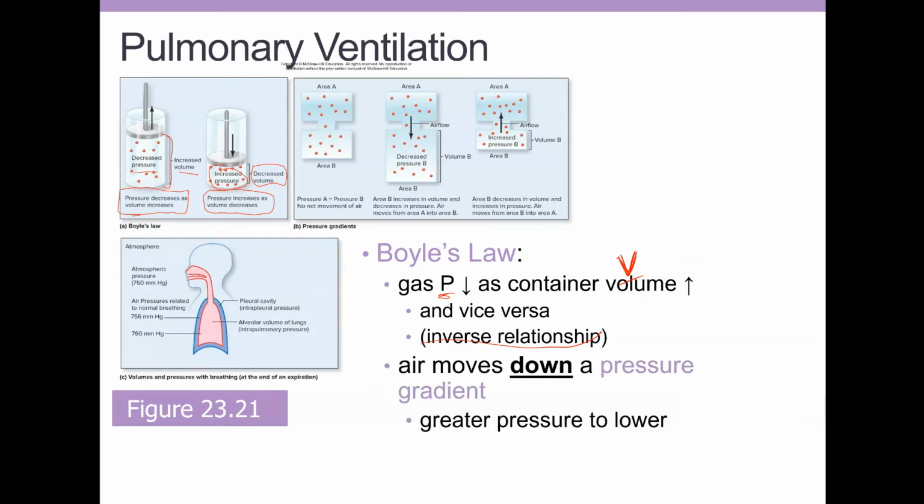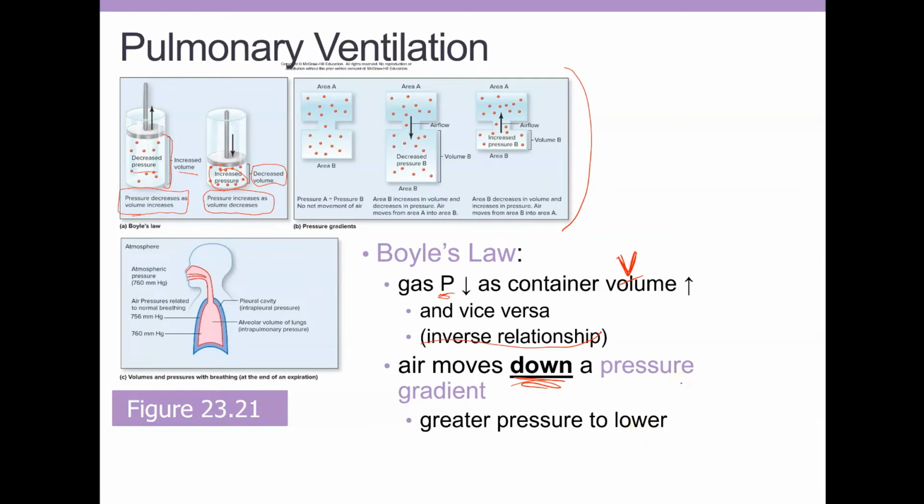The second part of this picture here, part B, is showing how the air is going to move down the pressure gradient. And it's kind of like diffusion, but we're using a pressure gradient instead of a concentration gradient because we're talking about air instead of solutes. If you are moving down a pressure gradient, you're moving from the highest pressure to the lowest pressure.